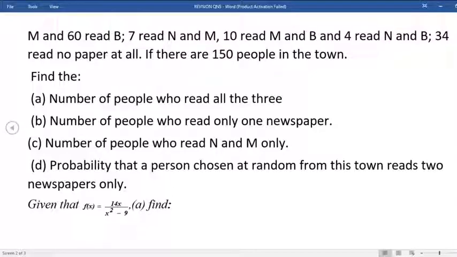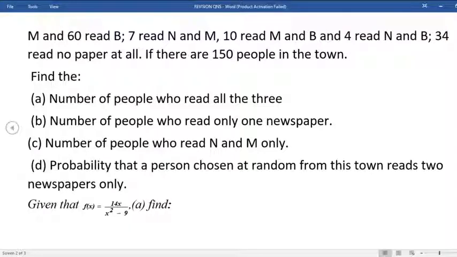So the number of New Vision complement intersection Book a Day complement intersection Monitor complement is equal to 34. They're telling us that 34 read no paper at all.